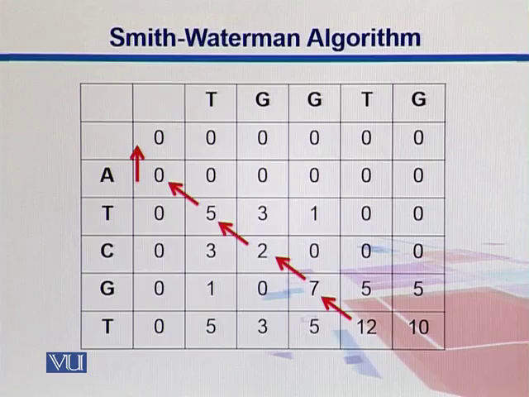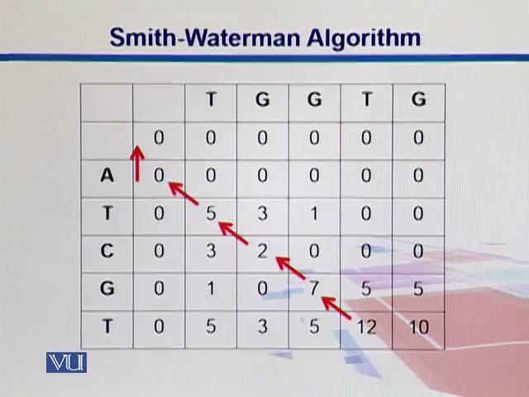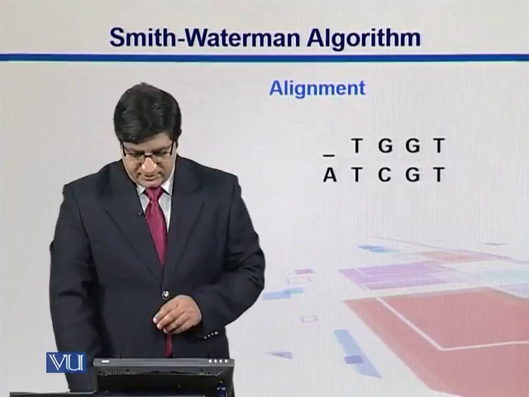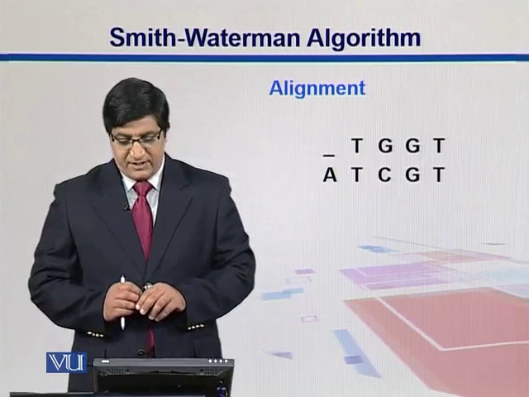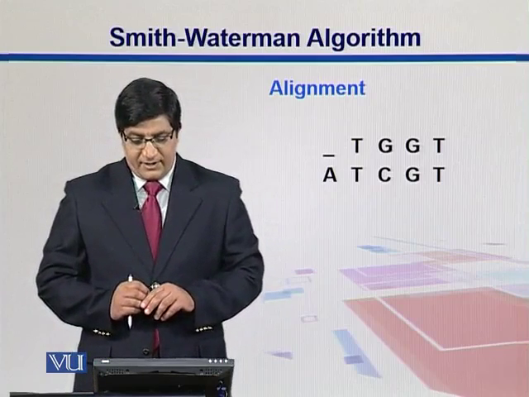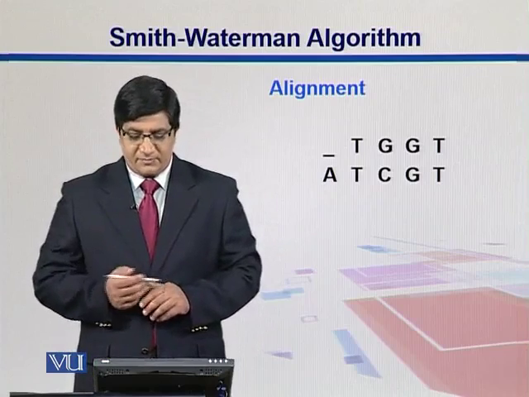In this case we have just a section of two things aligned together. We don't care about this G at the end, and our traceback pointers help us get the real alignments. So the real alignment is like this: T matches with T, G and G, and there is a mismatch, and then we have a gap at the beginning as far as this alignment is concerned.